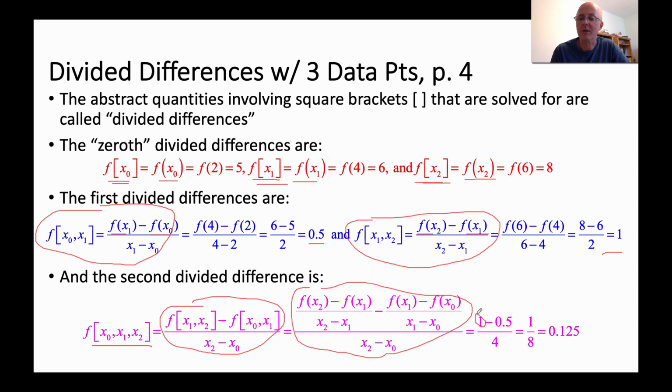And the 1 comes into play, minus 0.5 divided by x2 minus x0, not x2 minus x1 or x1 minus x0. It's x2 minus x0, which is 6 minus 2, which is 4, giving us 1/8, 0.125 for the A2. This was equal to A2. Okay, so A0 was equal to 5, A1 was equal to 0.5, and A2 was equal to 0.125. The 6 and the 8 and the 1 are just helpers to help compute these other things.